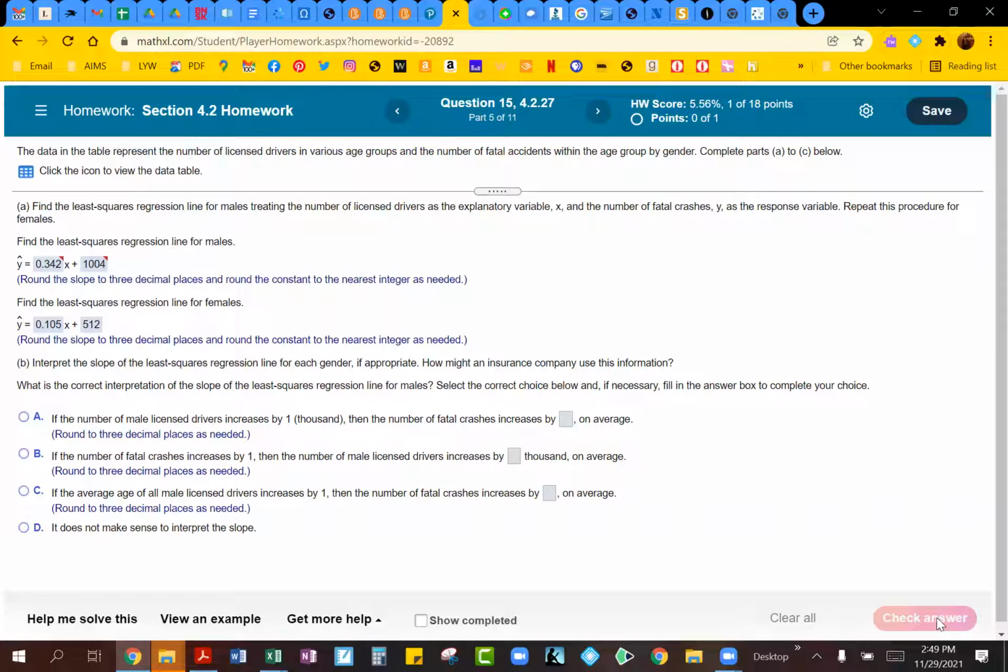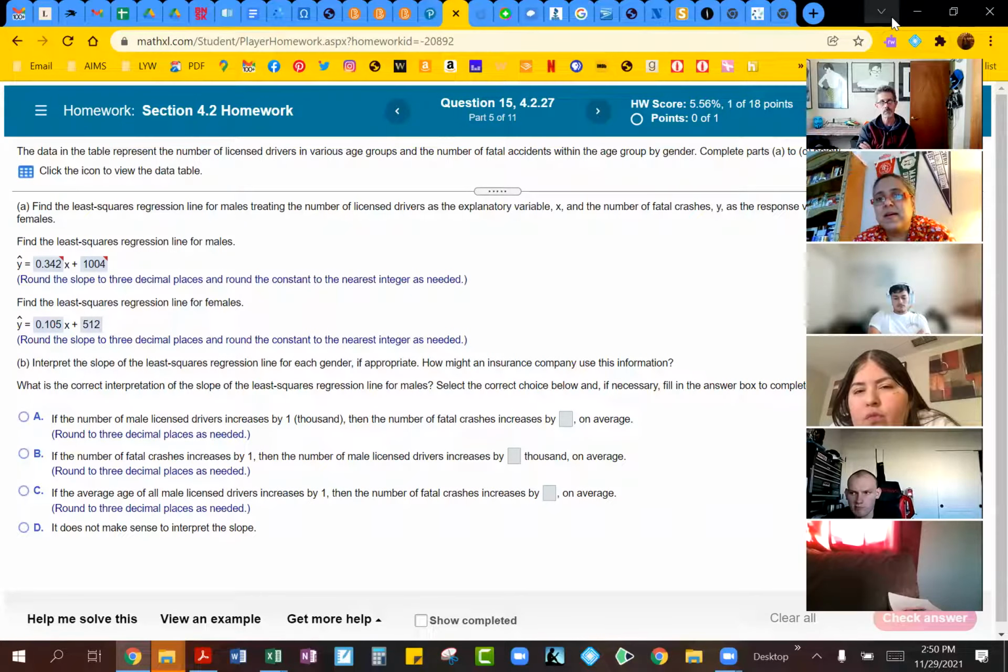So you can see almost the same language in all of them, but there is still a little bit of a distinction in parts A, B, C, and of course the D is saying none of this makes sense, which I will tell you right now is not an option. So you have to choose between A, B, and C, and which one, even without putting the numbers in, seems to be the option we should be going with.